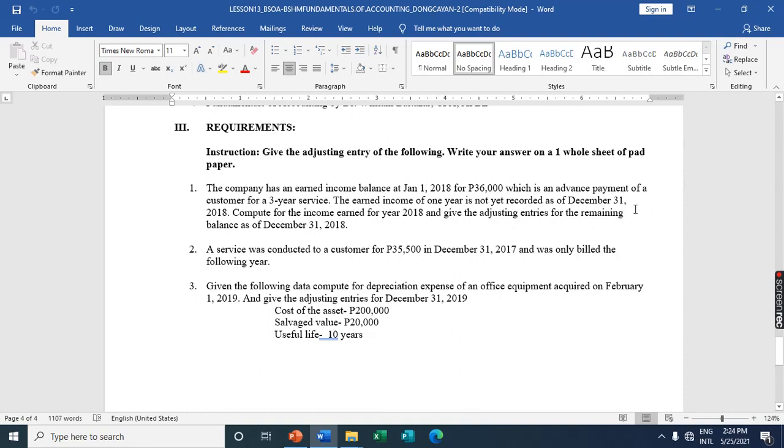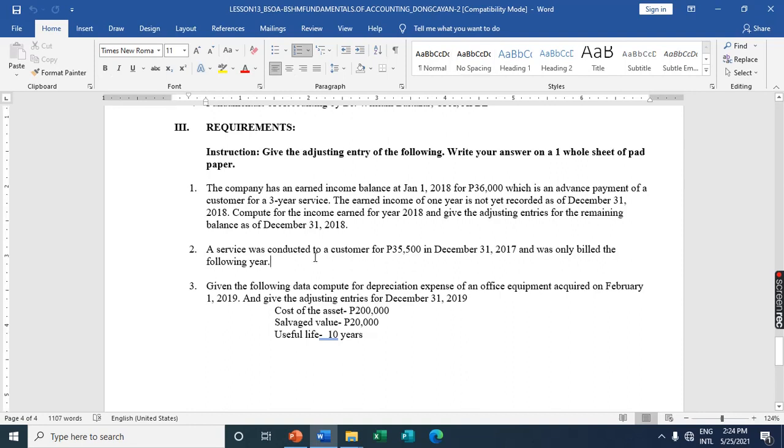So, compute the income earned for the year 2018 and give the adjusting entry for the remaining balance as of December 31, 2018. Okay? So, service was conducted to customer for 35,500 in December 31, 2017 and was only billed. Ayan, binayaran lang siya on the following year. Okay, ano yung adjusting entry mo dito?